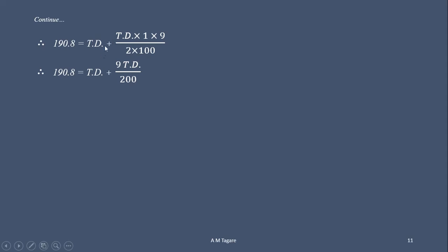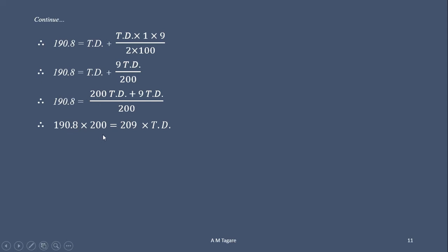Now instead of considering this TD, you can use variable x as TD and simplify the same equation. So 190.8 is equal to 200 TD plus 9 TD upon 200. Now transferring this 200 to this side, 190.8 into 200 is equal to 200 TD plus 9 TD.